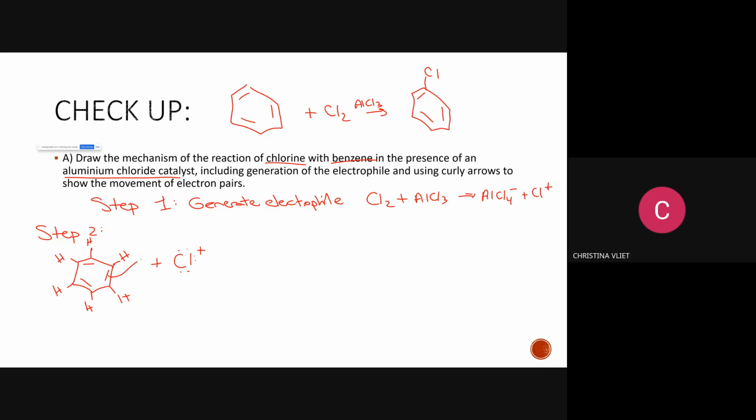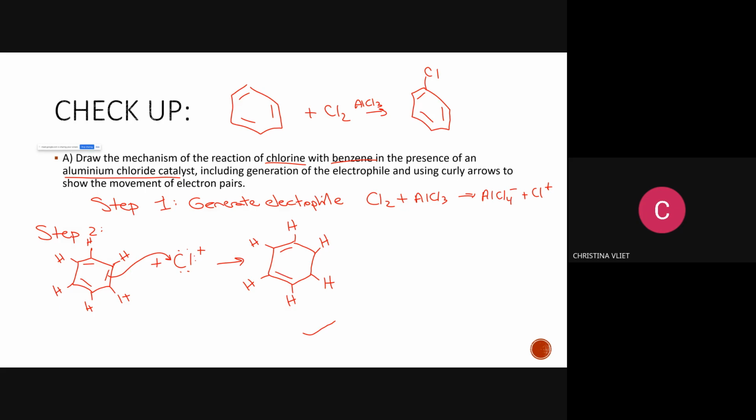So this goes like that. So what you would get as a result is this. Hydrogen, hydrogen, hydrogen, hydrogen, hydrogen, hydrogen. It's symmetrical, so it doesn't really matter.